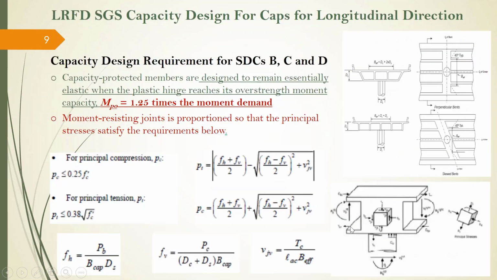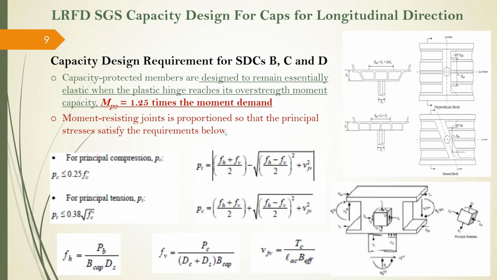So the guide specification also provides, in the longitudinal direction, that the capacity protected members adjacent to plastic hinging remain essentially elastic, and the requirement is that they have to meet the principal compression and principal tension stress limits.